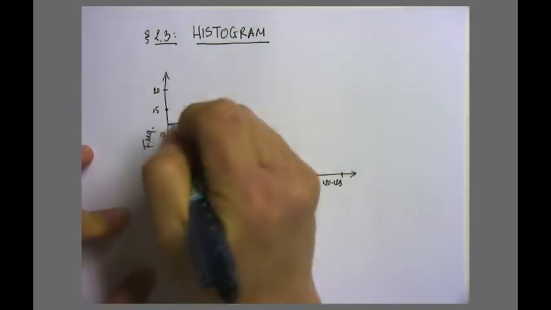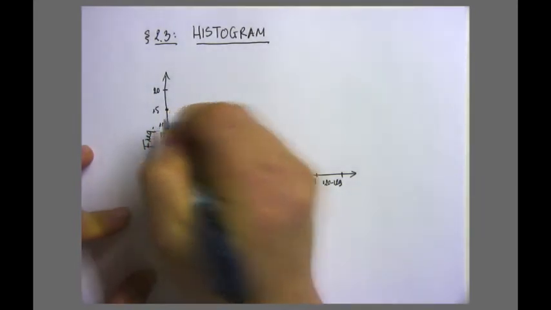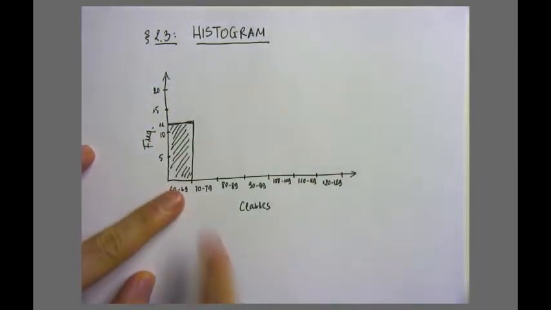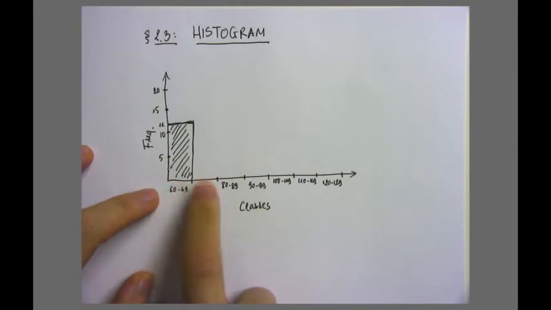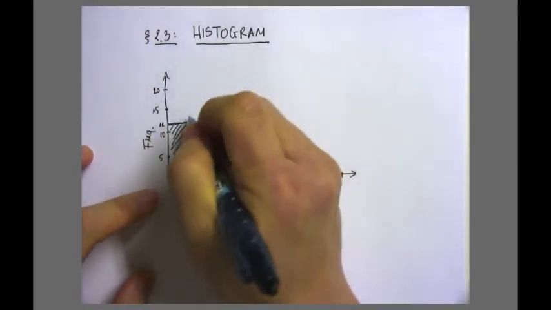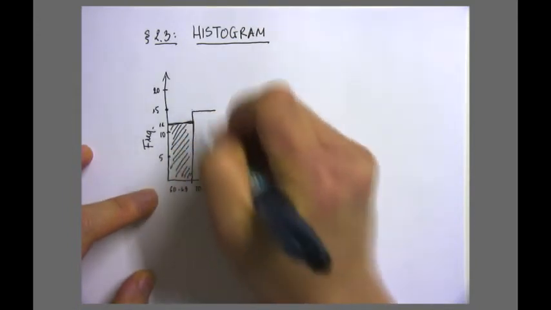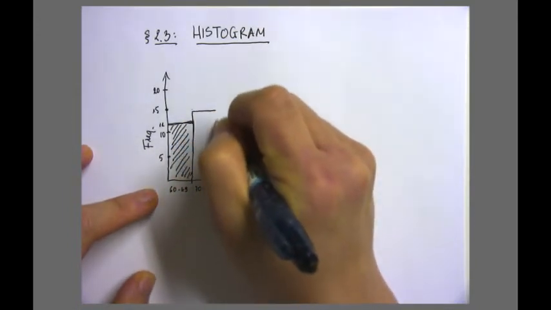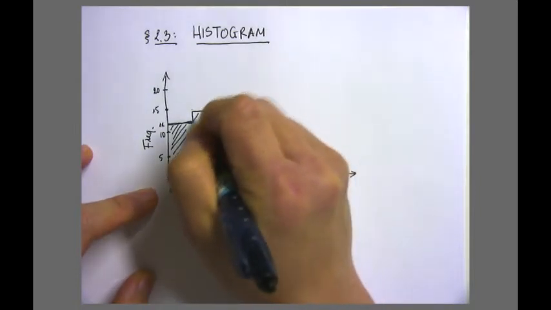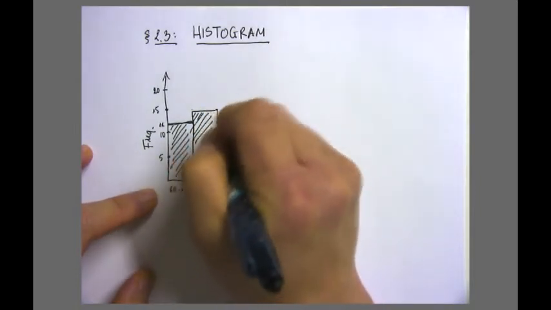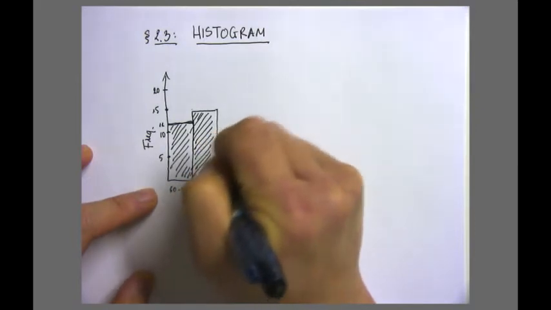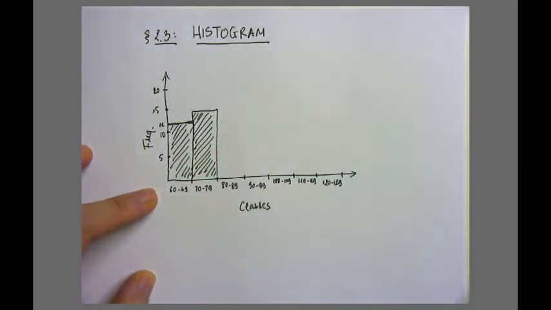So that's my first bar with height 12. My second bar is supposed to leave no gap between the two classes. It has height 14, which is slightly above my first one. Here's the bar for my class from 70 to 79.